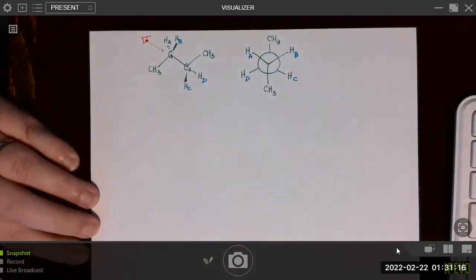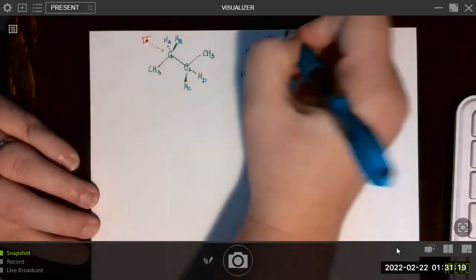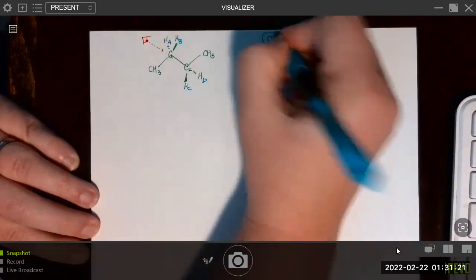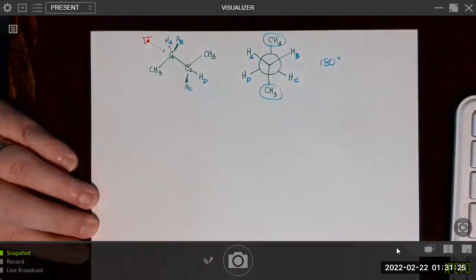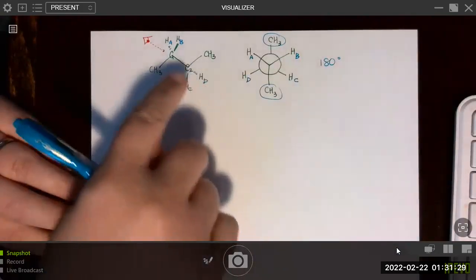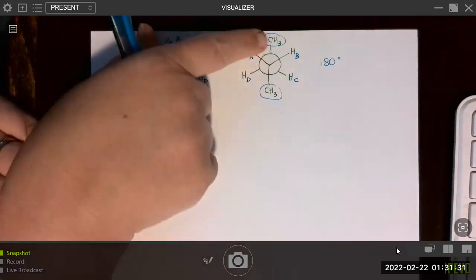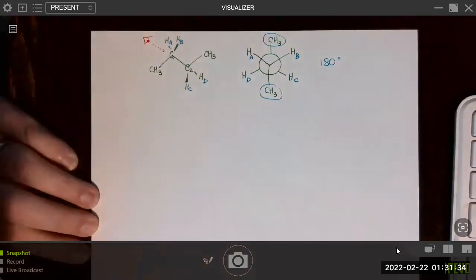Okay, so this corresponds to, if we're looking at the two methyl groups, what we would draw for 180 degrees, which means in order to start at 0, we actually want these two methyl groups to be eclipsed.